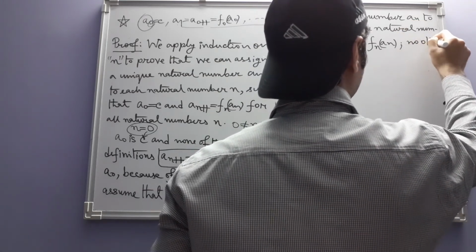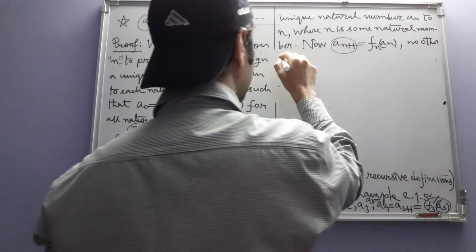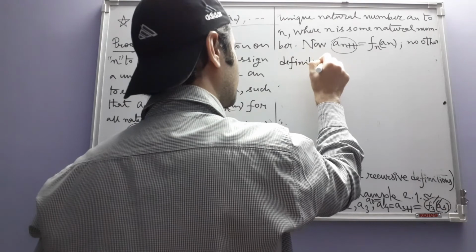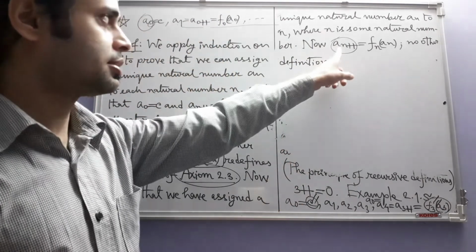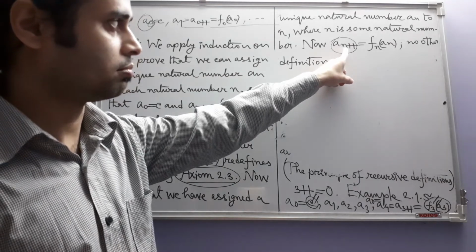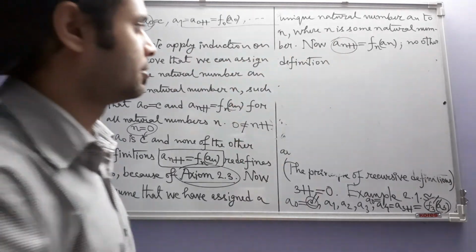So my a_n is unique. So f_n gives me only one value at a_n, and that value is this one. No other definition. But here also we have to make sure that this a_{n++} is unique, and that is being assigned to n plus plus.